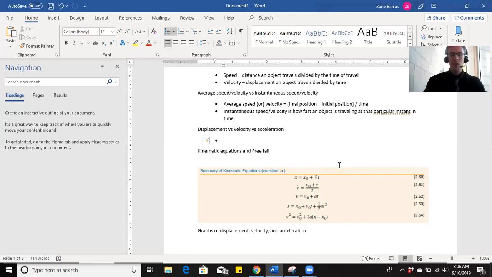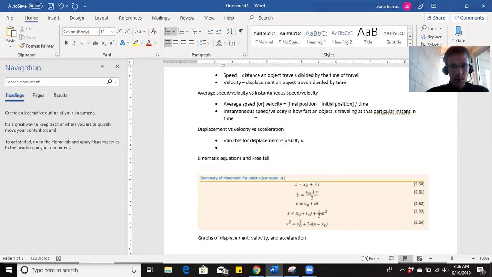So I'm going to set these up in a series of equations. Usually in textbooks, displacement is represented by the variable x. So the variable for displacement is usually x in most textbooks.